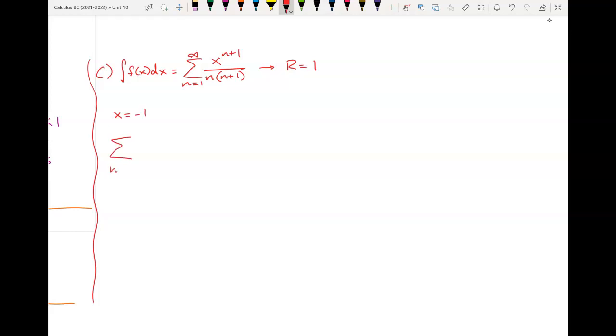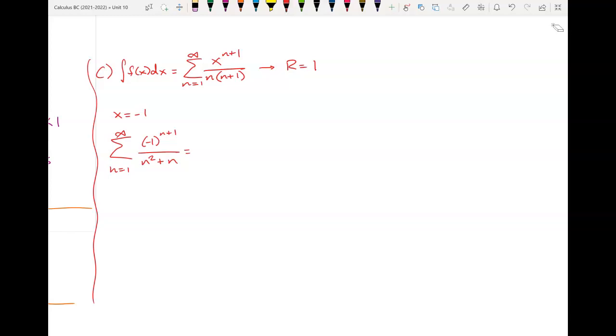So we have our series as n equals 1 to infinity of -1 to the n plus 1 over, go ahead and write this as n squared plus n. So if I plug in -1, this is the series that I get, and I notice it is an alternating series. So maybe I can use my alternating series test to determine convergence or divergence on this.